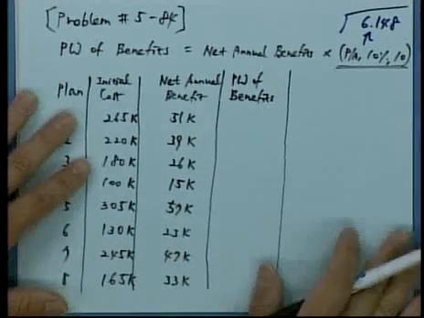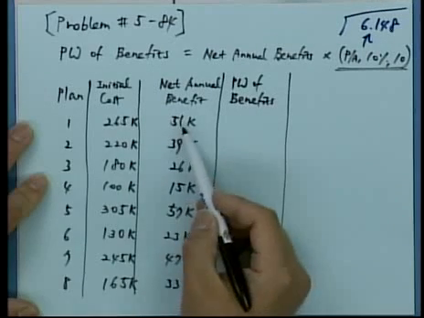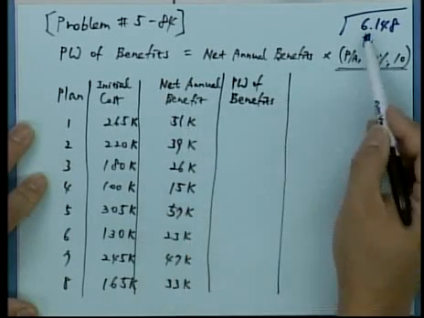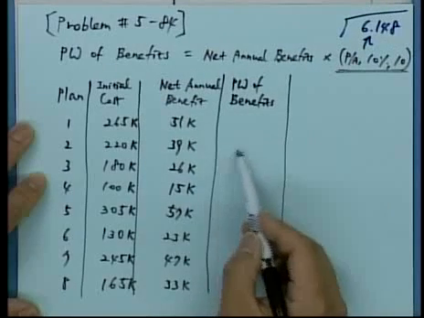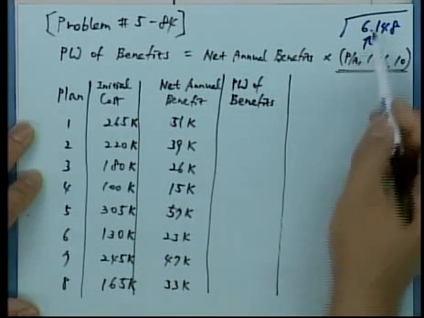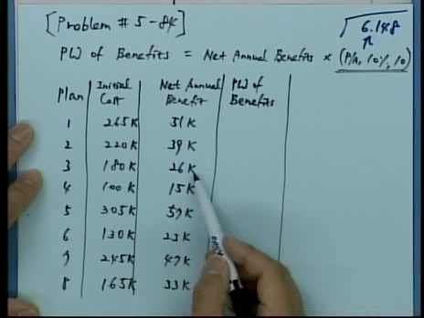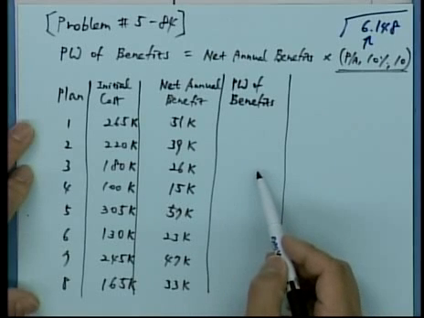Okay. So what you need is, for the plan 1, 51,000 times 6.145. And right here for plan B, 39,000 times 6.145. And 26,000 times 6.145 goes here. Okay.